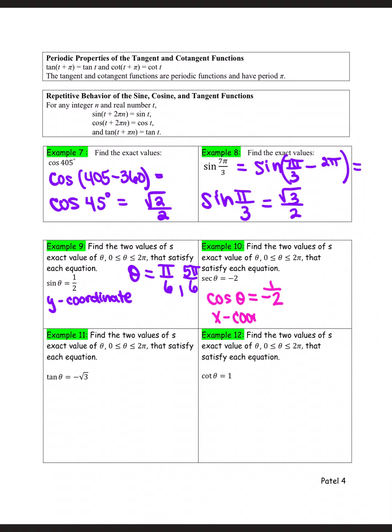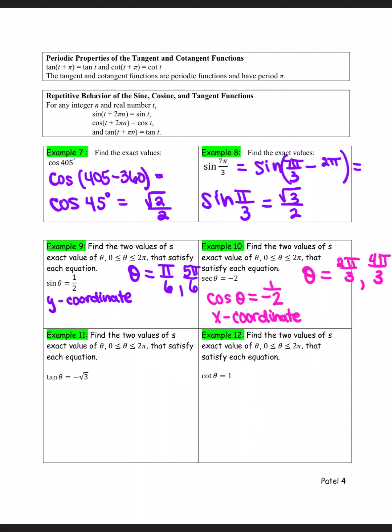X is negative in quadrant 2 and 3. So in quadrant 2, cosine of theta equals -1/2 at 2 pi over 3. And cosine of theta is -1/2 once again, looking at the unit circle on the x-coordinate, at 4 pi over 3. We're looking for the angle this time.